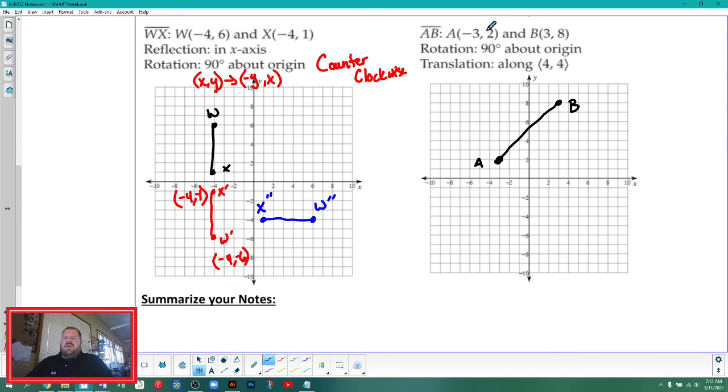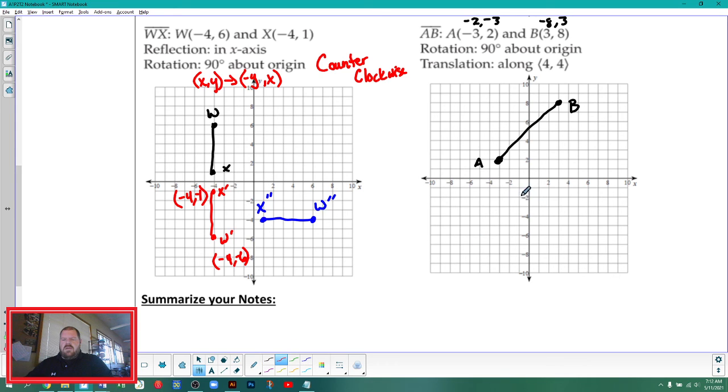So -3, +2 turns into -2, -3. And this will turn into -8, +3, using my rule right here. So -2, -3.